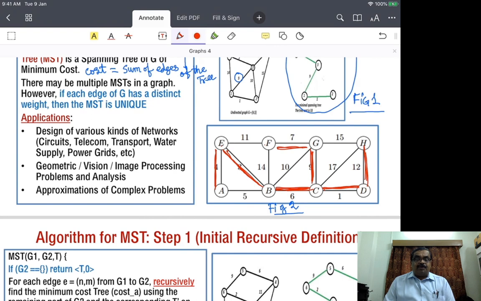Many hard problems, which we shall see later, like the traveling salesman problem, the Steiner tree problem, require an approximate solution. Hard problems are those for which till now there is no known fast polynomial time algorithm. The spanning tree provides an approximation to quickly find a quick bound to these very hard approximation problems.